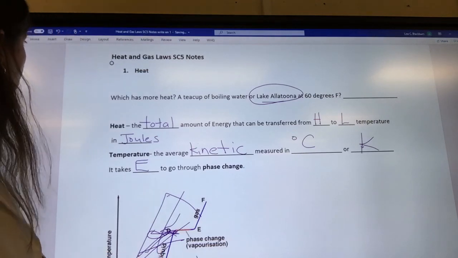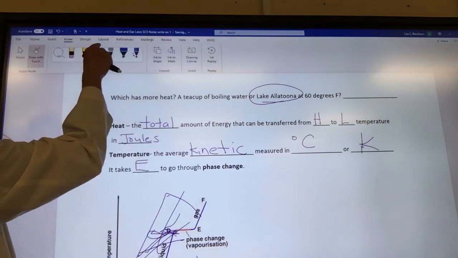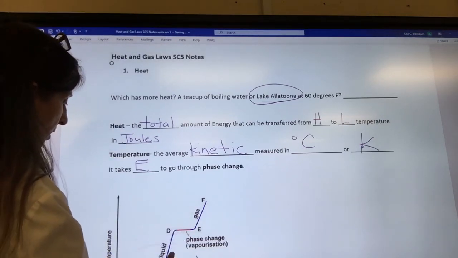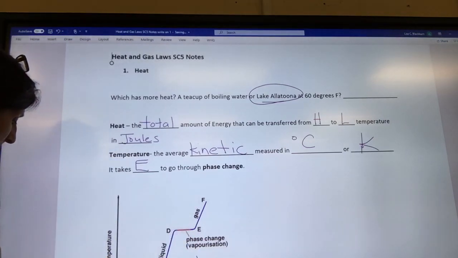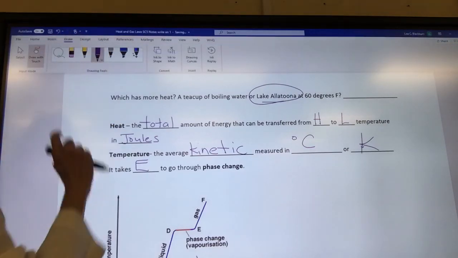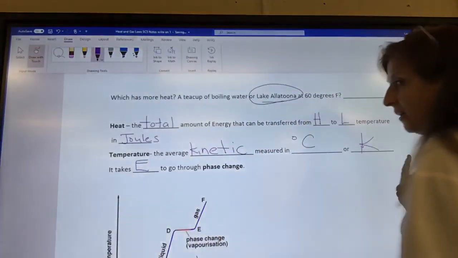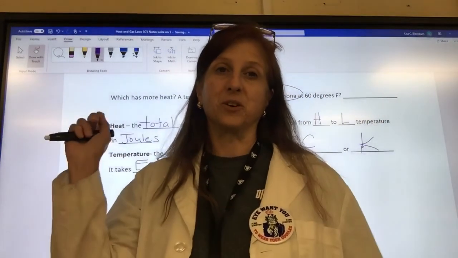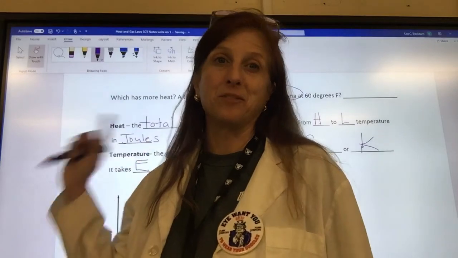How did I get writing all over that? What's up with that? I must have been scribbling on it when I didn't realize. I need to erase this. Go away, all that scribbling. I like the purple. And look, if you saw my last video, I kept having to run over to the computer and scroll. I've learned how to make the smartboard scroll.